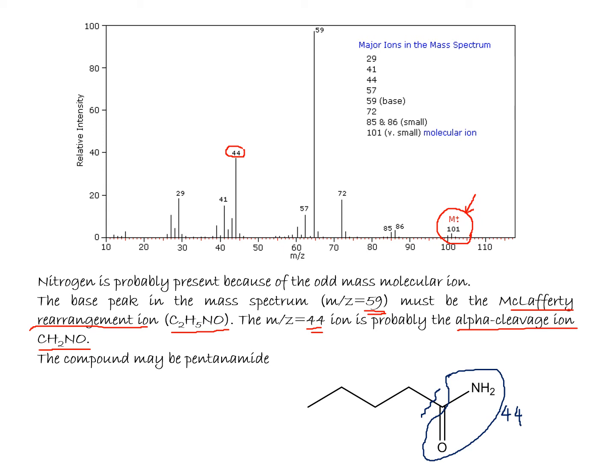Leaving from the 101 molecular ion, a fragment of 57. 57 means that you have C4H9.